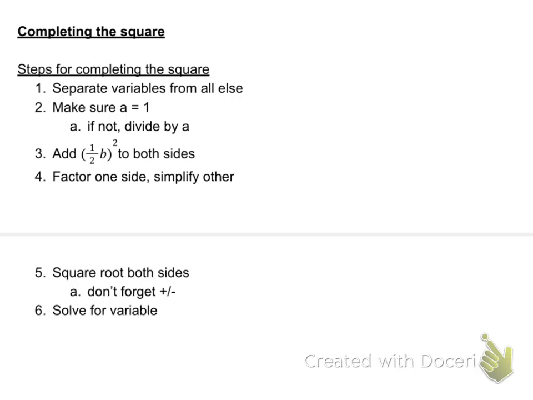You're going to factor the side that has the variables, simplify the other, and then we're going to solve. Square root both sides, don't forget your plus or minus, and then you can solve for whatever the variable is. So if it's x left there, subtract 4 from both sides, or add 6 to both sides, and you're done. So we're going to use these 6 steps to solve our quadratics.